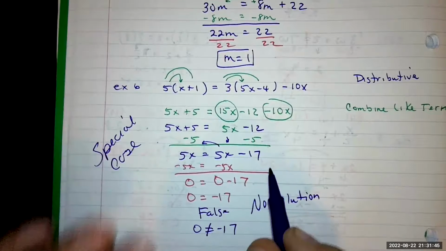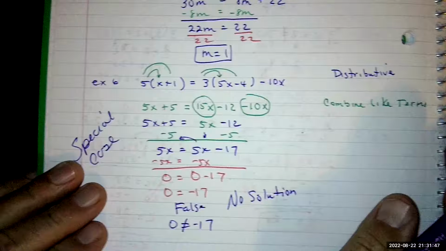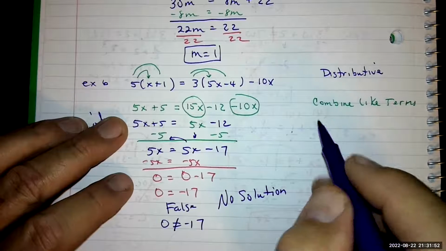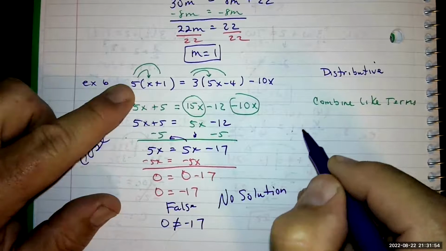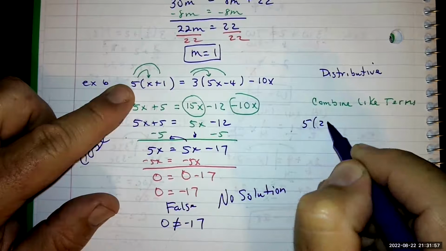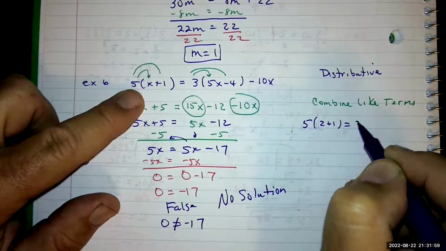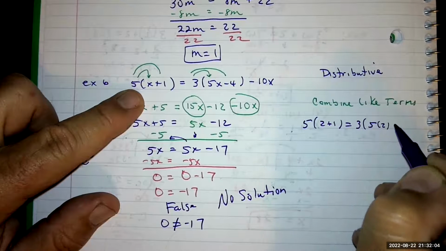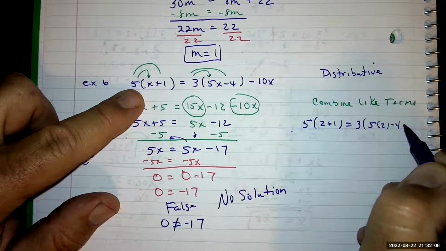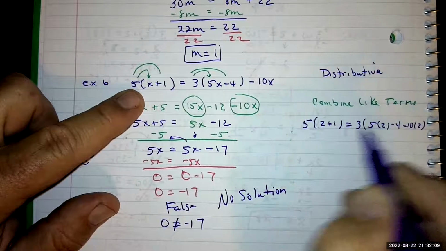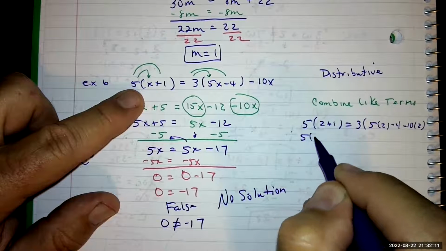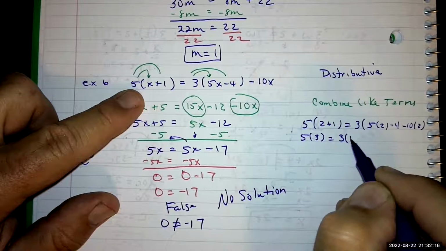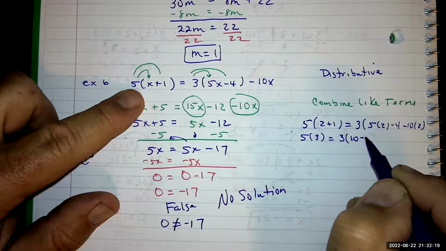I can actually take one, and I'm just going to fill it in here. Let's just pick the number 2. So I'm going to take this and watch over here. 5 times (2 plus 1), equals 3 times 5. And that's a little 2 because these two are going to get multiplied together. Minus 4 minus 10 times 2. So I'm just cleaning it up. 5 times 3 equals 3 times 10, minus 4.